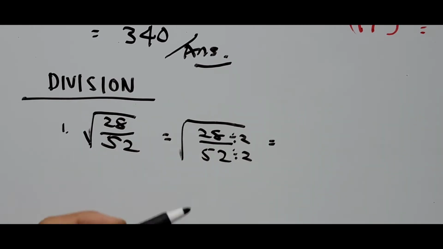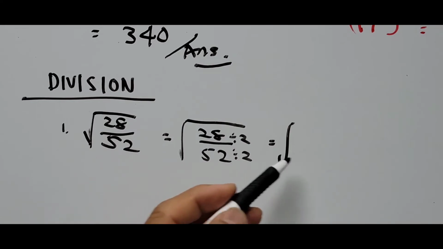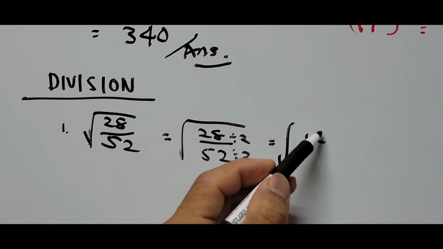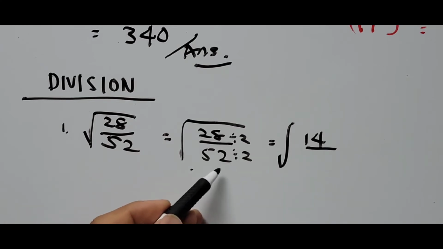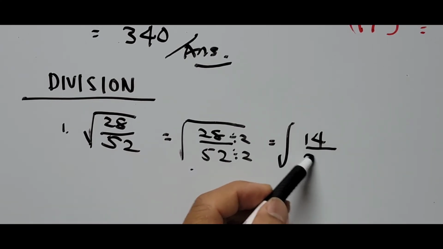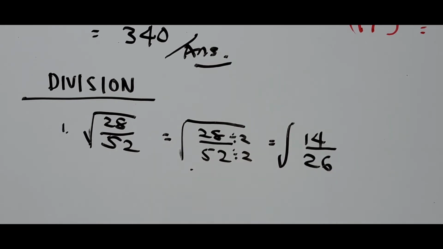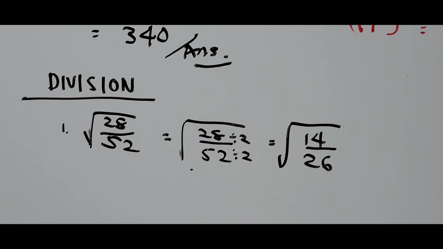So that will reduce to square root of 28 divided by 2, which is 14, and 52 divided by 2, that's 26. Since 25 is 50, so 26. So that becomes 14 over 26.